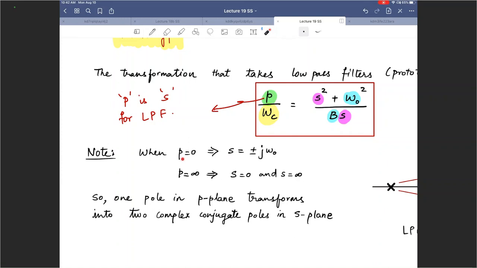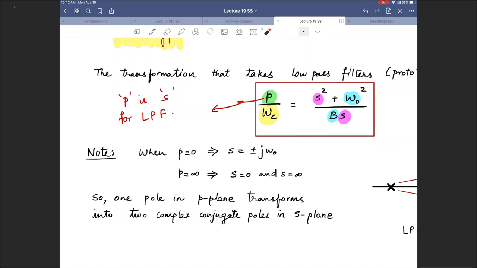One pole for the low pass filter gave you two poles for the bandpass filter when P is 0. And when P is infinity, a very similar thing happens. S is 0 and S is infinity. Again, you get two poles in the S plane.